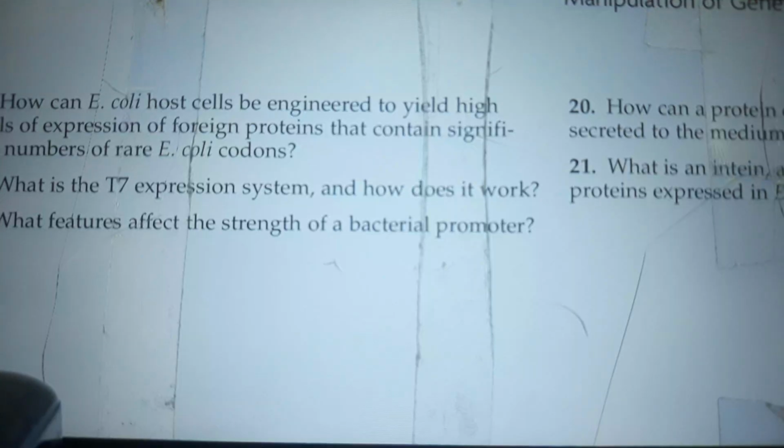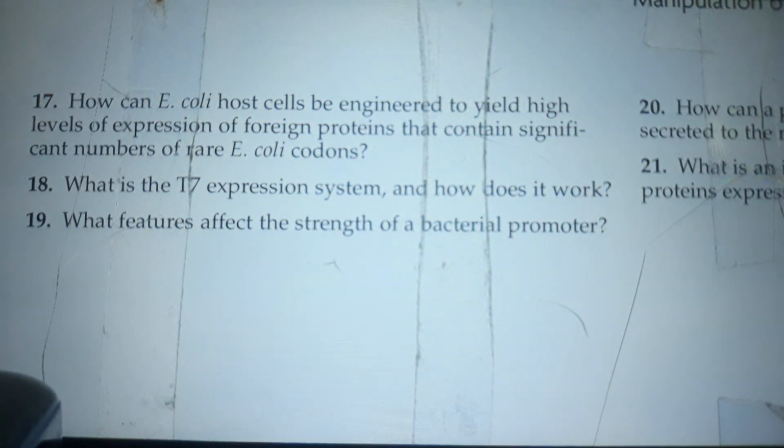The continuing questions are: How can E. coli host cells be engineered to yield high levels of expression of foreign proteins that contain significant numbers of rare E. coli codons? This is a continuation of the Chapter 6 review questions. Number 18: what is the T7 expression system and how does it work?